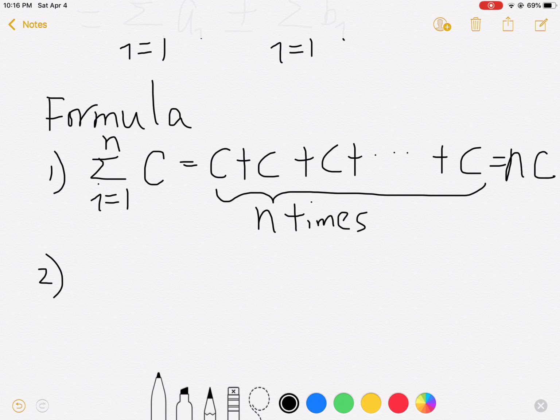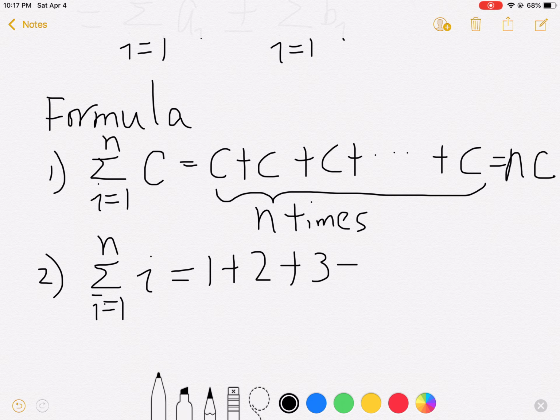The second formula is i equals 1 to n of i. What's that? When i equals 1, it's 1; i equals 2, it's 2; i equals 3, it's 3; plus i equals n is n. So 1 plus 2 plus 3 until n is equal to n times n plus 1 over 2.